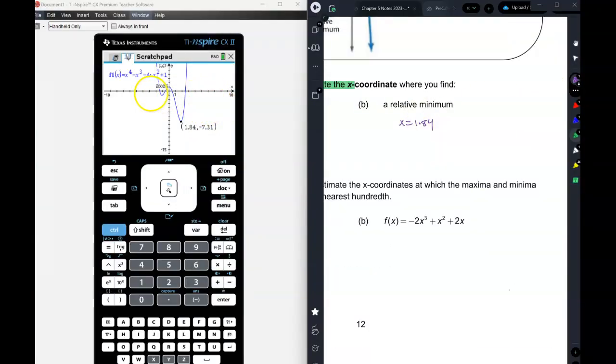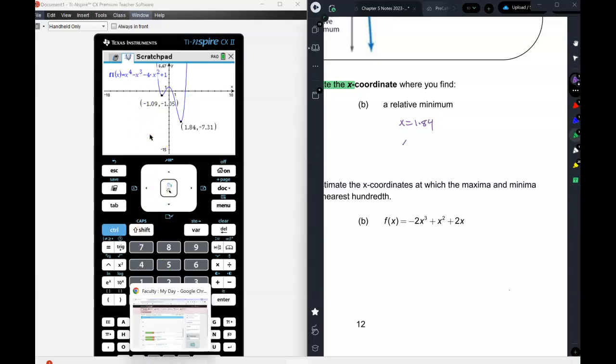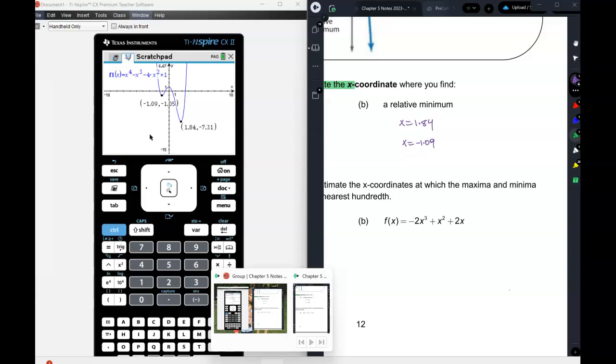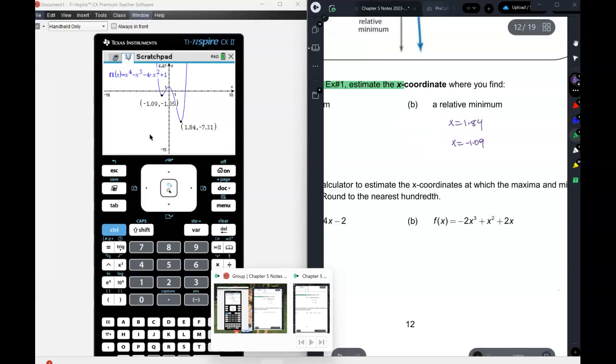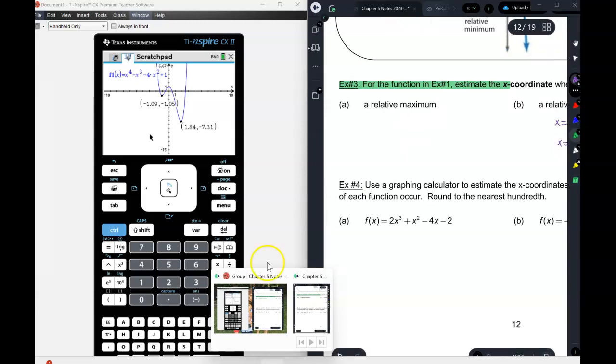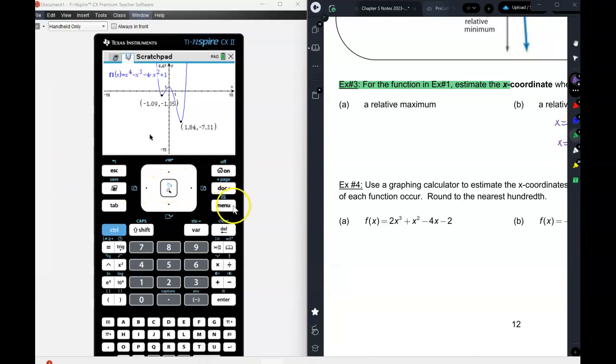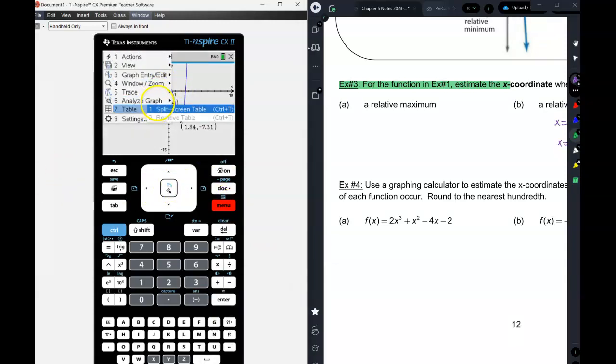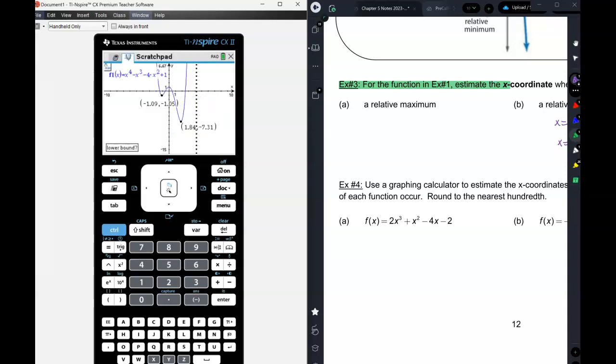Now, are there any other minimums or minima? Yeah, all the way to the left. So we do the same process all over again. Menu, analyze graph, minimum, here, and here. So it's x equals negative 1.09. All right, here, relative maximum, menu, analyze graph. Now I want to find the maximum. Don't switch these out, the calculator might glitch on you.